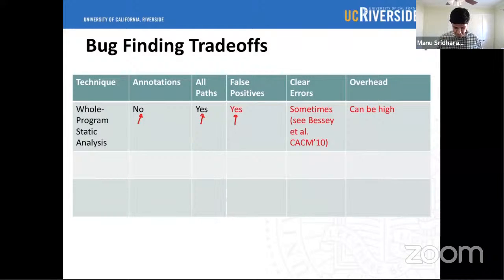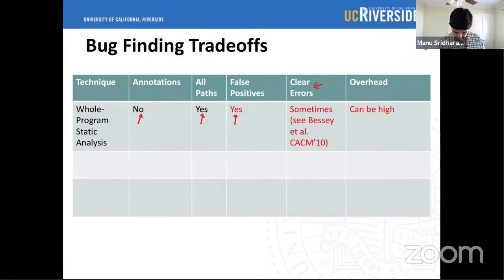But I think the bigger issues, honestly, in practice are error messages. Sometimes errors can be good, but if you talk about complex whole program properties, very often it's extremely difficult to explain the error to the programmer. There was a great discussion of this in the CACM 2010 paper from the Coverity folks about how they had to turn off various error checks just because the messages were not understandable.